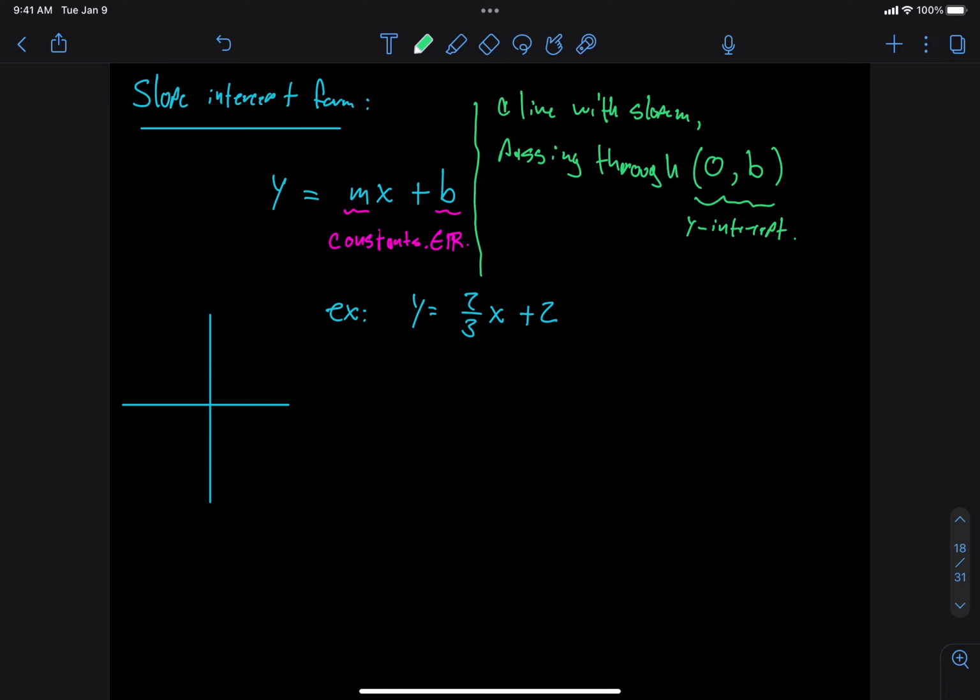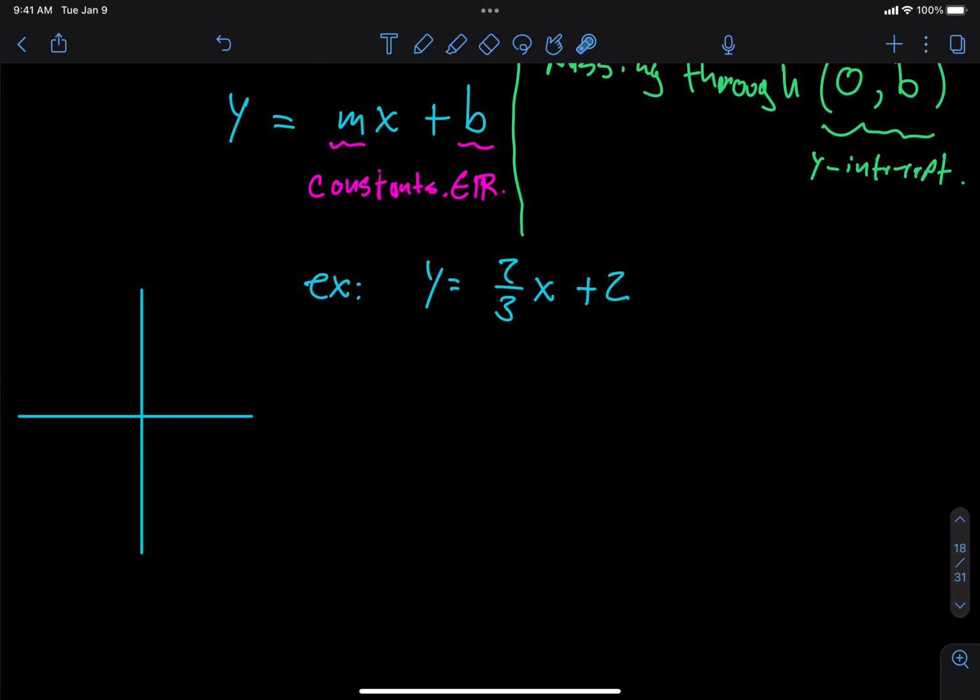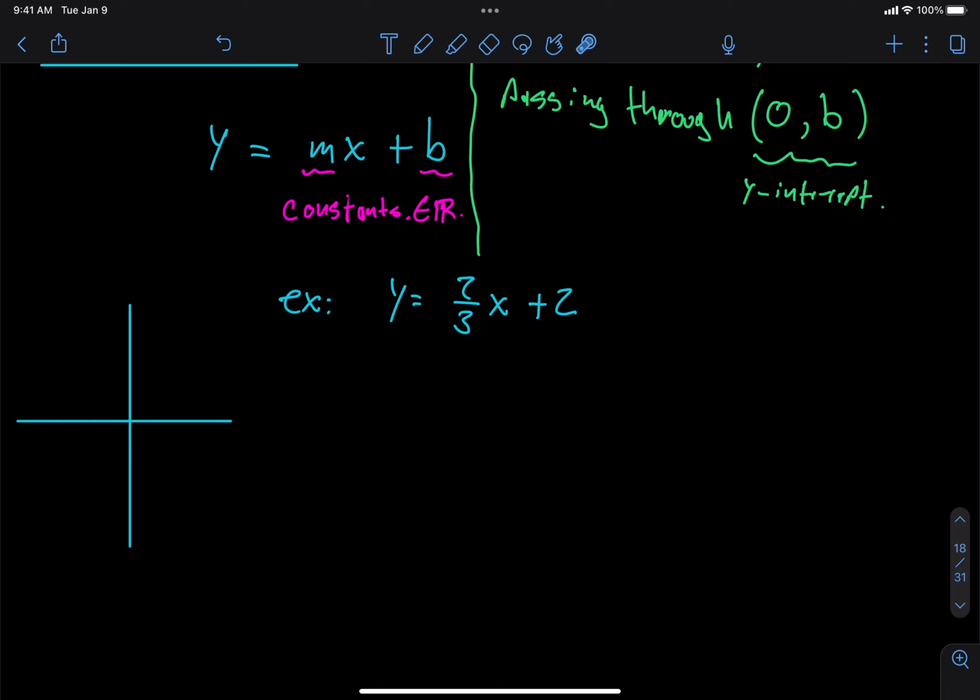Basically the m describes the slope and the b describes the point on the y-axis that the line passes through. Now a point on the y-axis is entirely defined by its y value, because they're all something like (0, 1), (0, 2), (0, 3). Those are all of the points which are on the y-axis. So the height is always determined by just a single number, which is this b value.